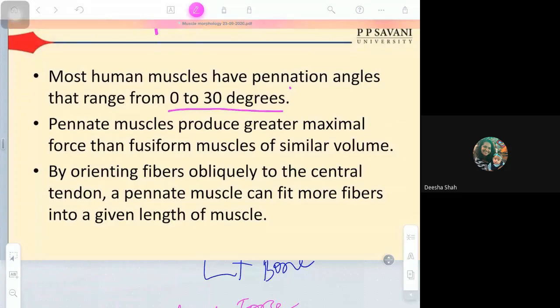Pennate muscle produces greater maximal force than fusiform muscle of similar volume. Understand? Pennate muscle produces greater force than fusiform muscle. Why? Who can tell?